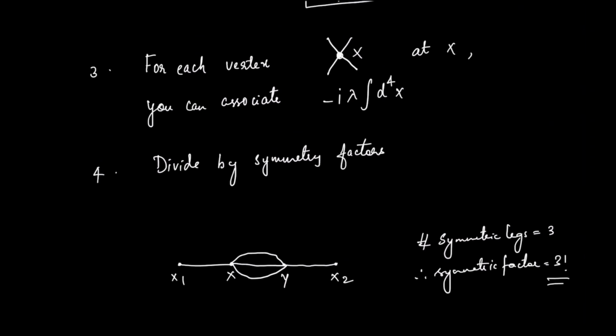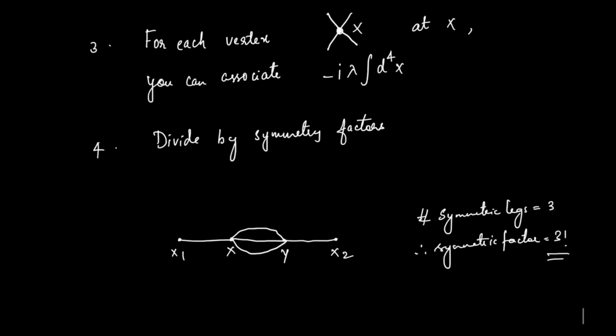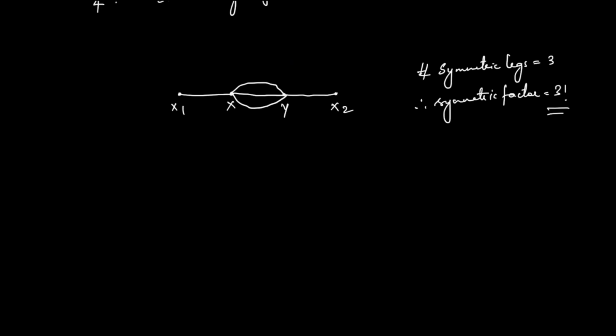So what is the next Feynman rule? It says that for each vertex, you associate minus i lambda integral d^4x. Here there are 2 vertices. So with the vertex x, I can associate minus i lambda integral d^4x, and for the vertex y, I can associate minus i lambda integral d^4y.